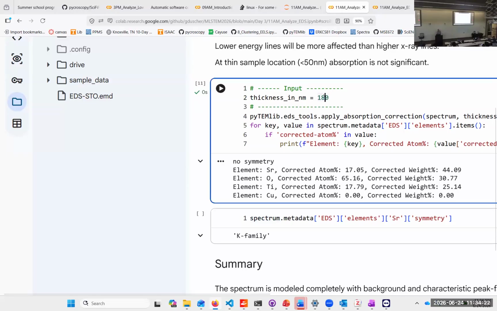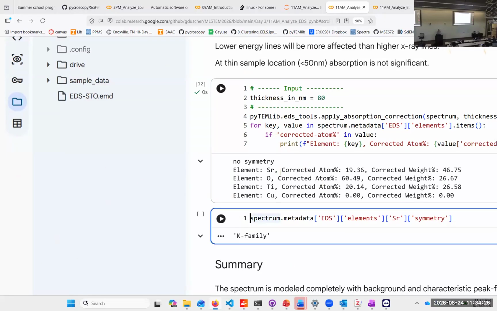In principle, if you know that you didn't screw up your sample, you can now go and try to find where you have about the correct quantification. It's around 80 nanometer. And you see we are plus minus 1 atom percent correct in the titanium, strontium, and oxygen.